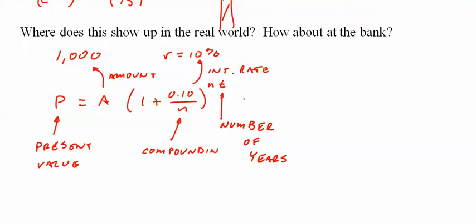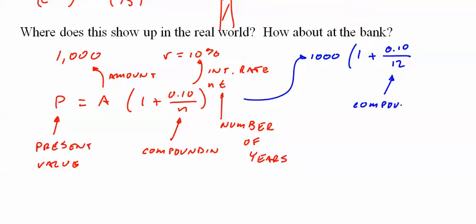So the amount I have at the end of the year will be 1,000 times 1 plus 0.10 over 12 months in a year. That's what we mean by compounding monthly, to the 12 times 1 year.